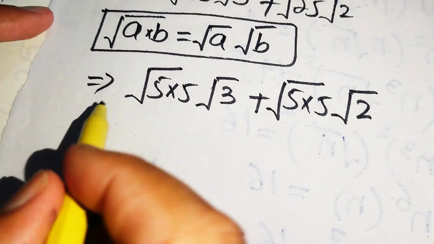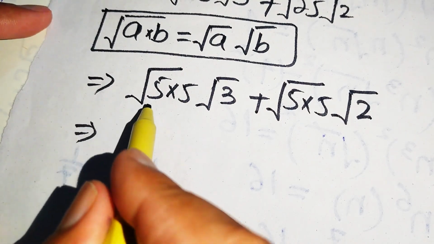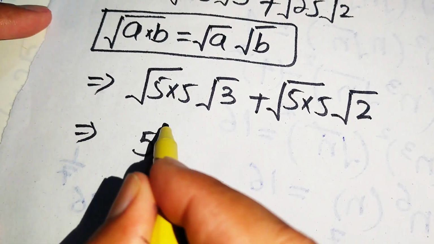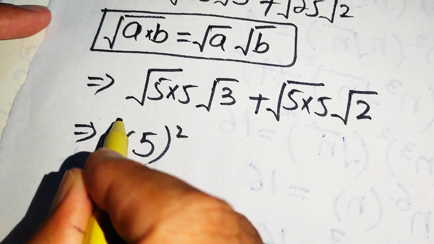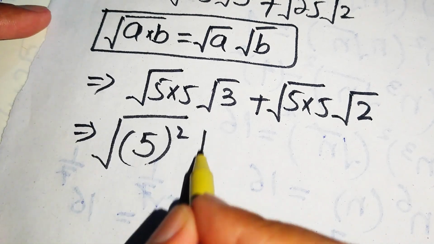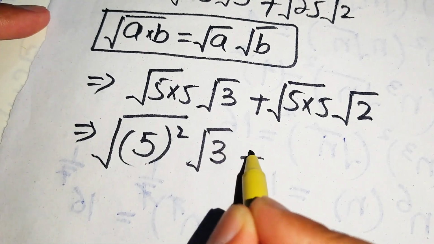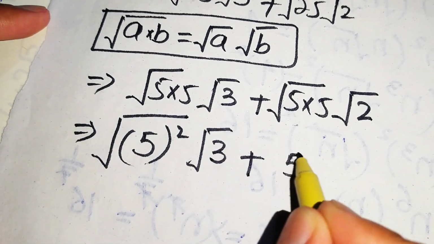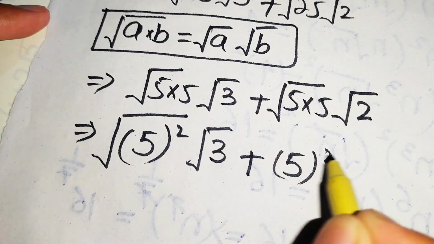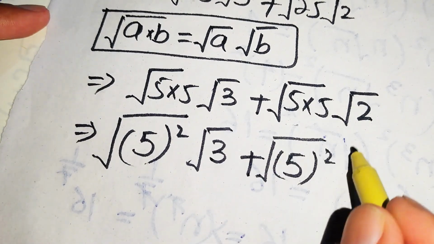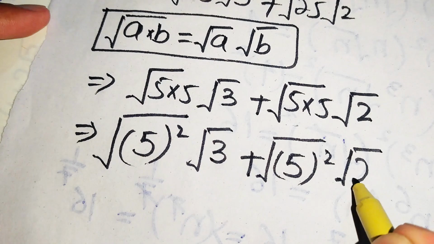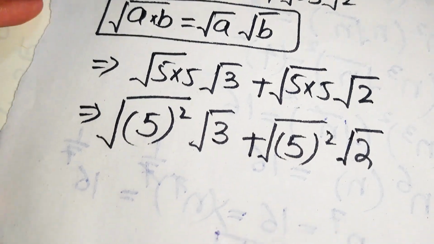And we know that 5 times 5 equals 5 squared, under the square root, times the square root of 3, plus 5 squared under the square root times the square root of 2.